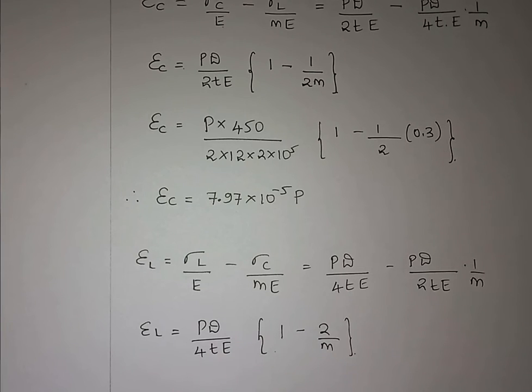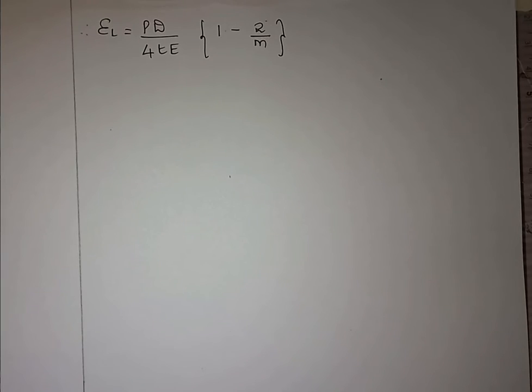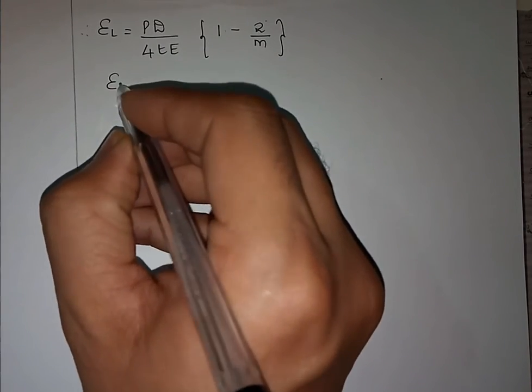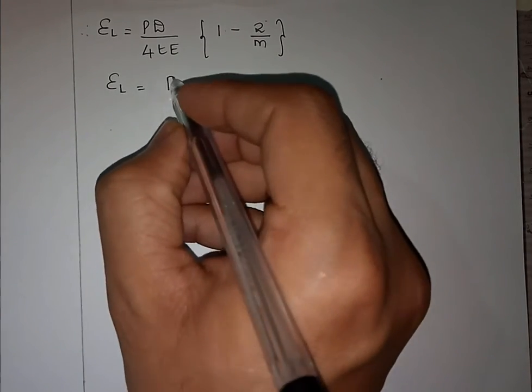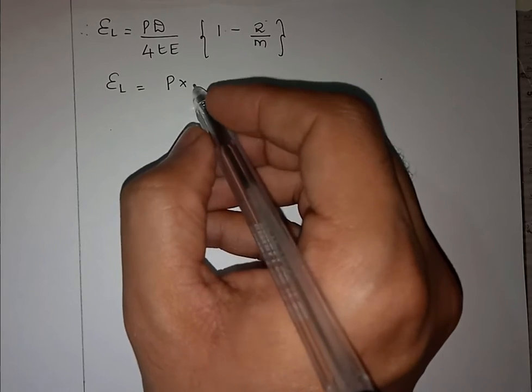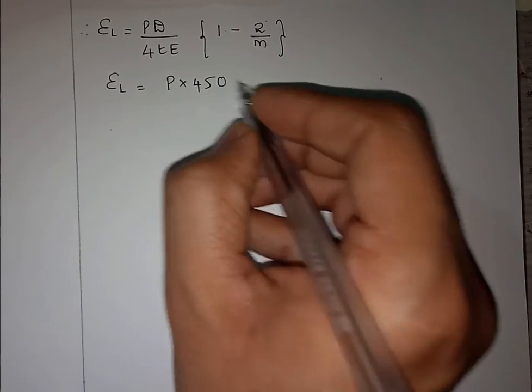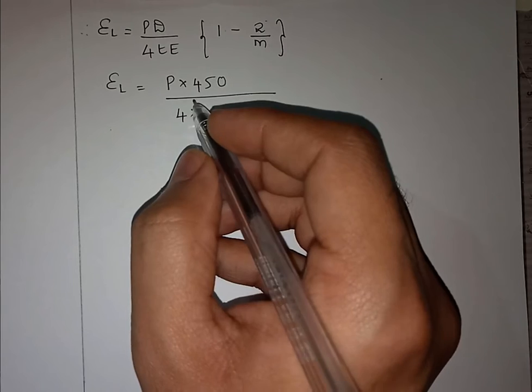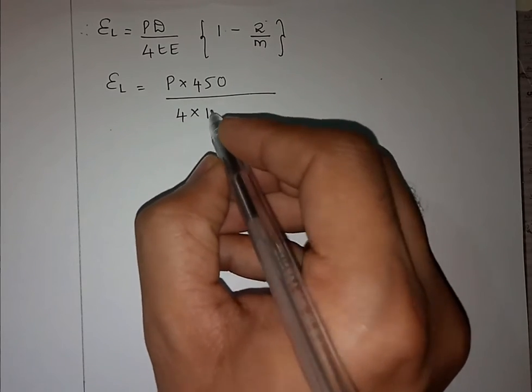So once again you put the values of diameter, thickness, Young's modulus and calculate longitudinal strain in terms of pressure. Okay, start substituting the values of diameter and thickness. So P is unknown. Diameter value is 450 mm given in the problem. 4 into thickness given in the problem is 12 mm.